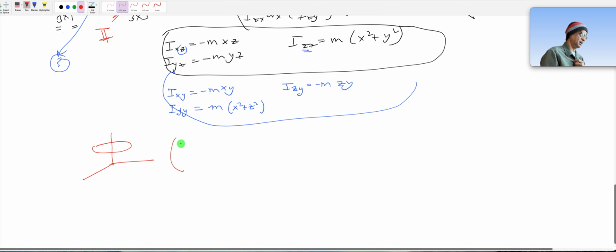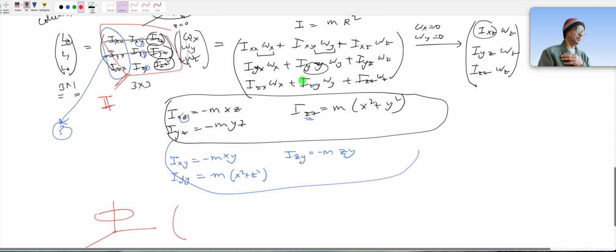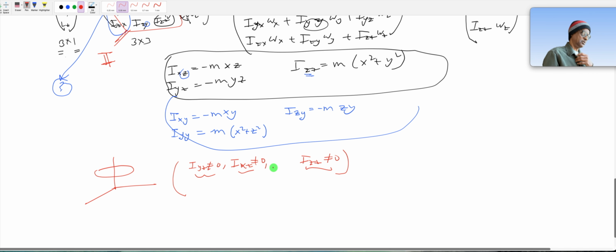This gave me I_yz non-zero, I_xz non-zero, I_zz non-zero. So all those three things were non-zero. The other things don't matter, right? Because they didn't even figure into it, and I don't want to calculate them.